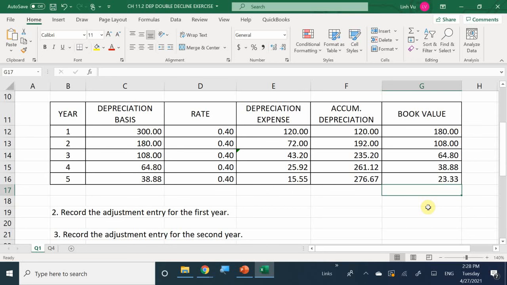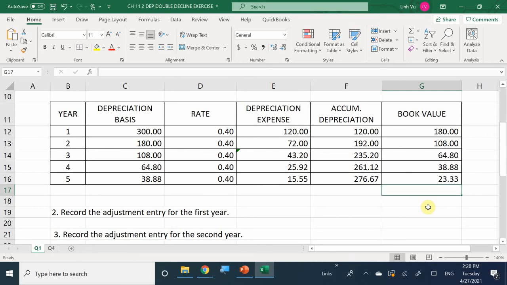Absolutely not. You've already reached the end of its estimated useful life. You could keep going for a long time, or you could choose to stop at the 5 years of its estimated useful life and write it off as a loss.